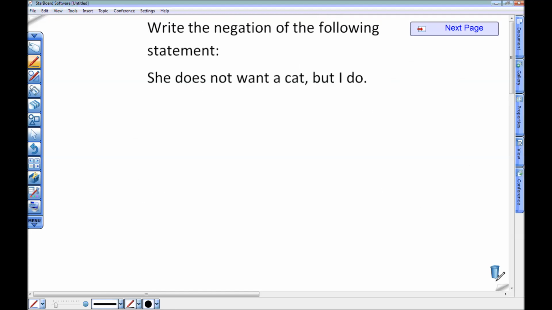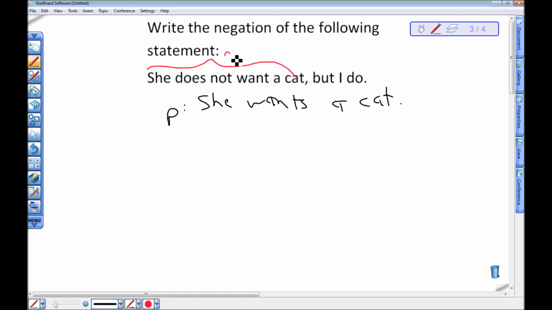Let's look at another example of using De Morgan's laws. I want to write the negation of the following statement: she does not want a cat, but I do. So let's be really clever. I'm going to let P be the statement she wants a cat. So this up here is actually the negation of that.